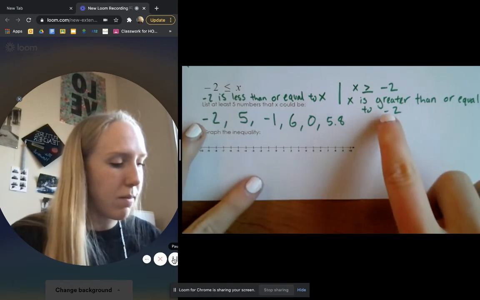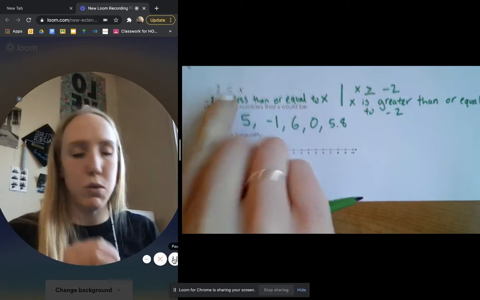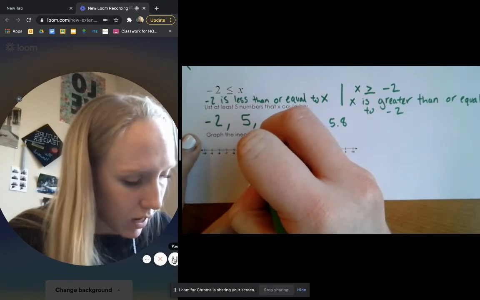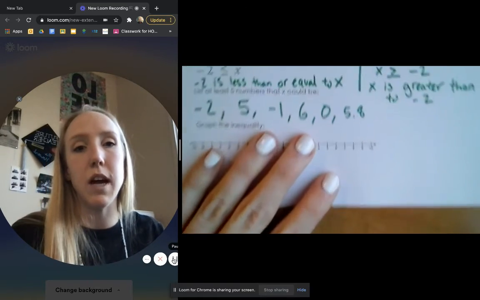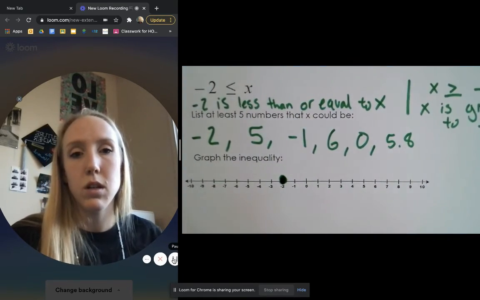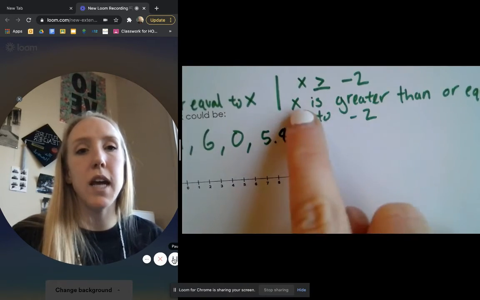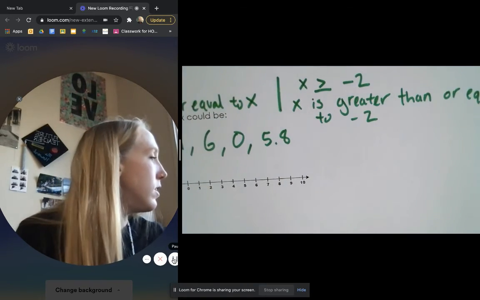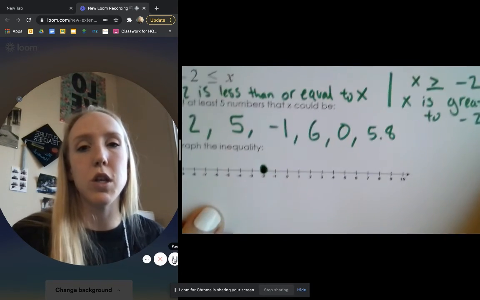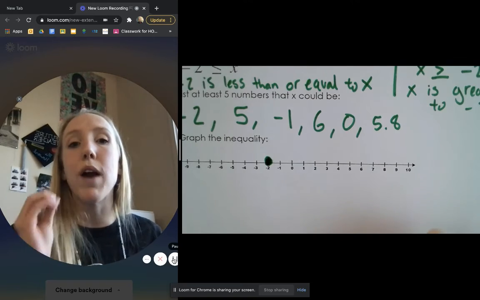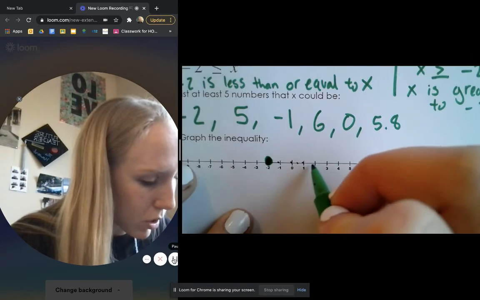So now we've got to graph it. Since it is greater than or equal to negative 2, we put a point on negative 2. And it's going to be closed because it can be equal to that value. Now we want greater than or equal to negative 2. So I'm going to graph all the numbers that are greater than negative 2. All of these numbers are greater than negative 2.